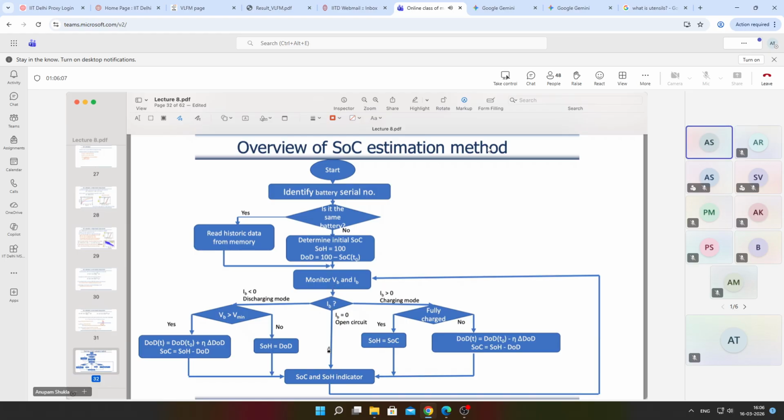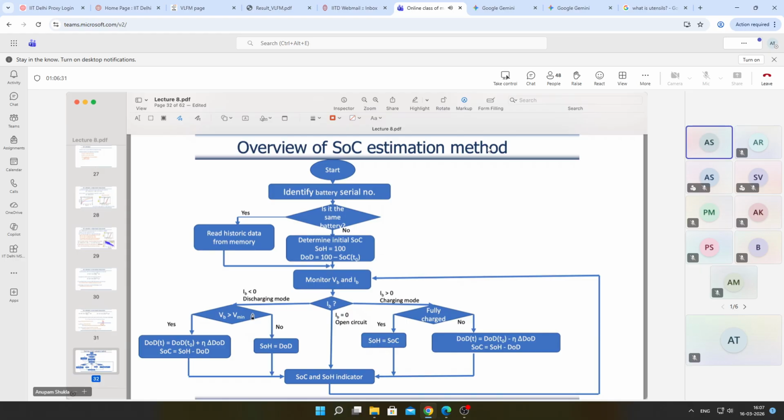The battery is idling. The other situation could be that the current is non-zero and is less than zero. Less than zero is used in this implementation to indicate that the current is being drawn from the battery, that is, the battery is discharging. So if the current is less than zero, the first thing it will check is whether the voltage of the battery is greater than the minimum cutoff voltage.